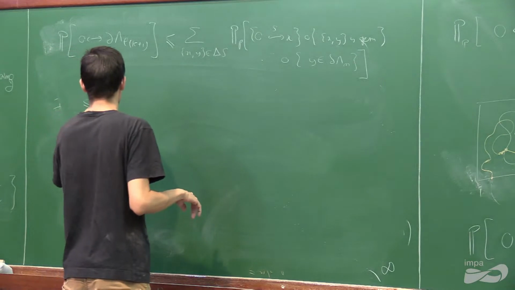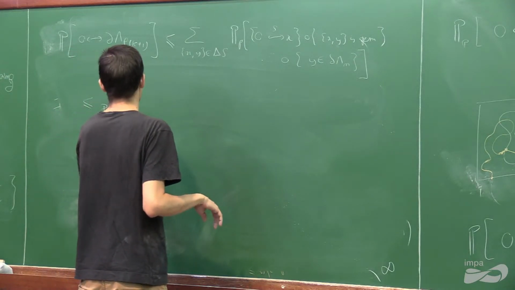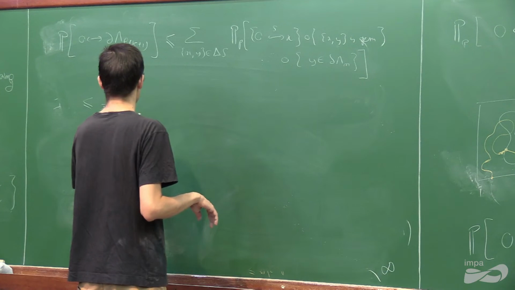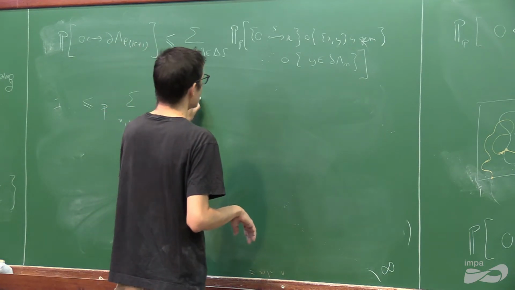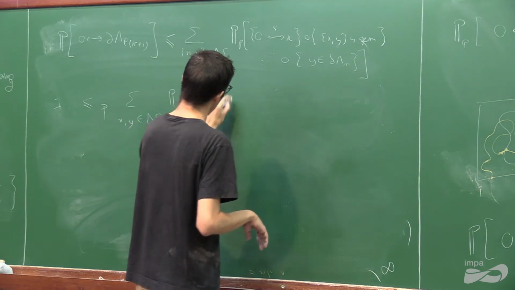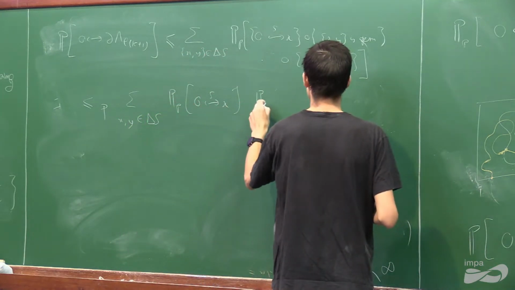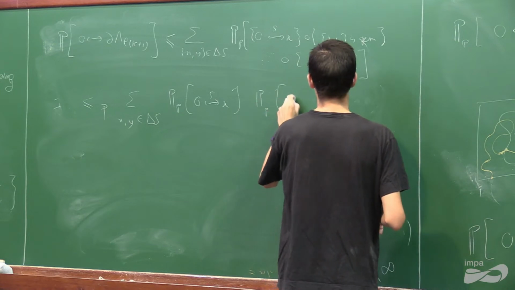So this is smaller than p times the sum over xy in delta S of P of 0 to x in S, and then I have P of y connected to lambda.